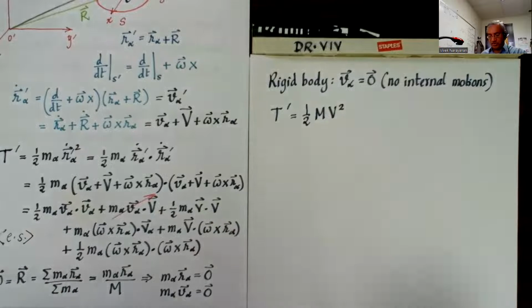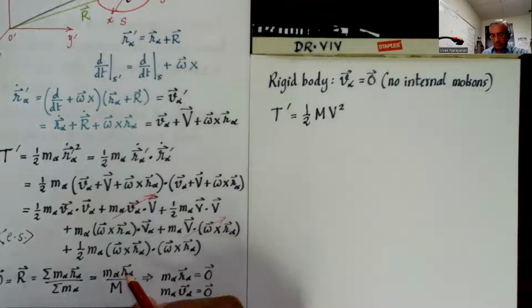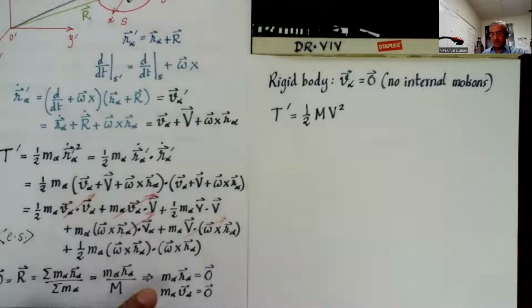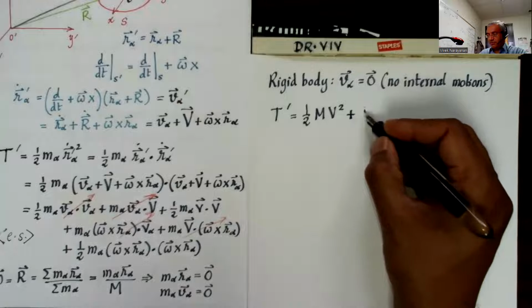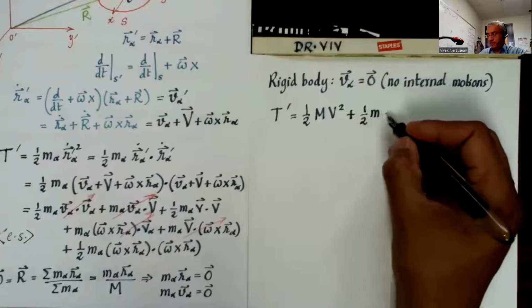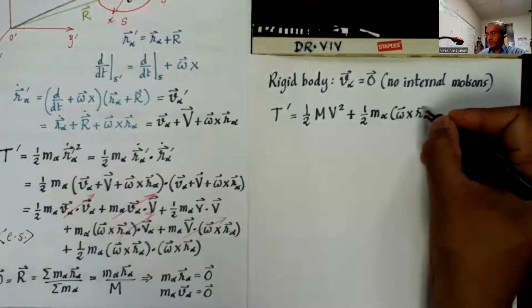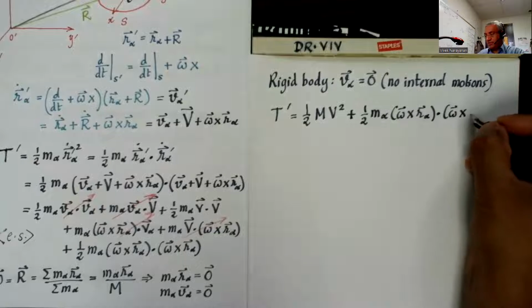So this term disappears, this term disappears, this term disappears, this one is gone. So I just have this term and that term. 1/2 M v squared plus 1/2 m alpha omega cross r alpha dot omega cross r alpha.